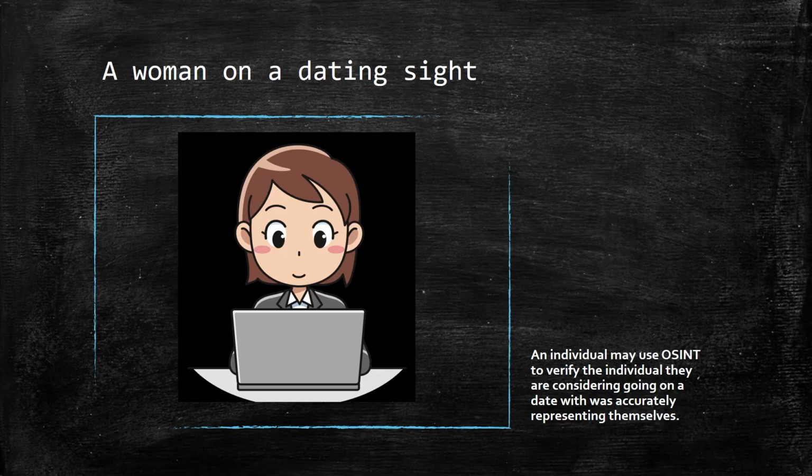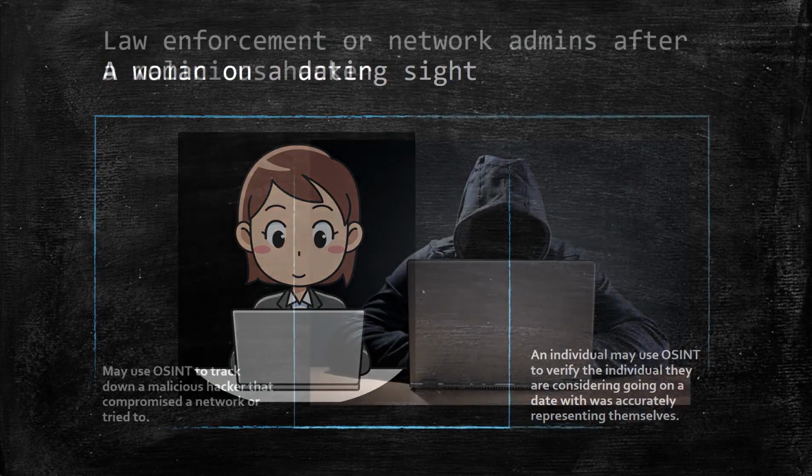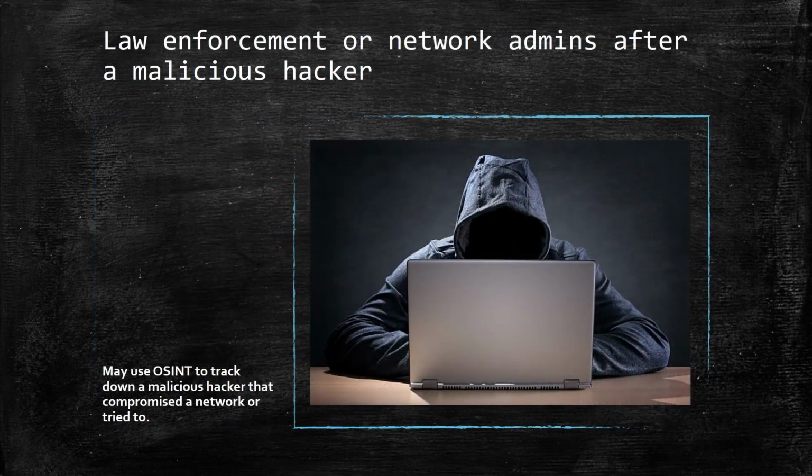So that can actually save them a lot of headache and potentially getting themselves in a dangerous situation. Law enforcement or network admins may use open source intelligence to go after a malicious hacker. So there's a lot of different use cases for open source intelligence, and we're going to get into the various different use cases. Again, get into the tools, methodology, and whatnot.